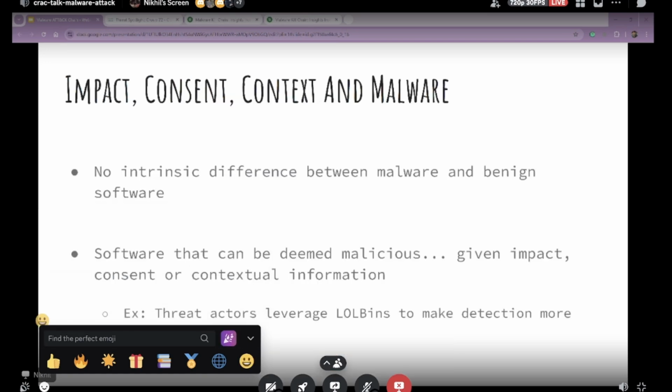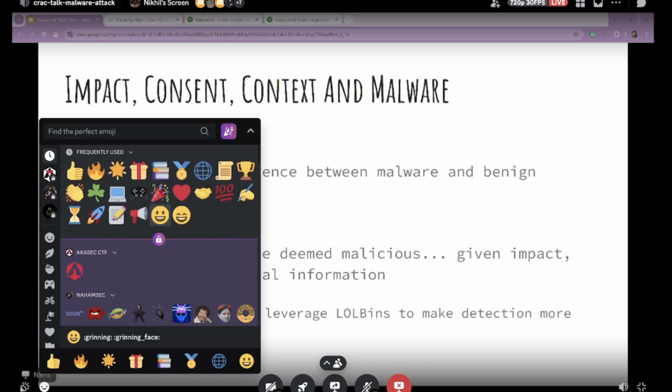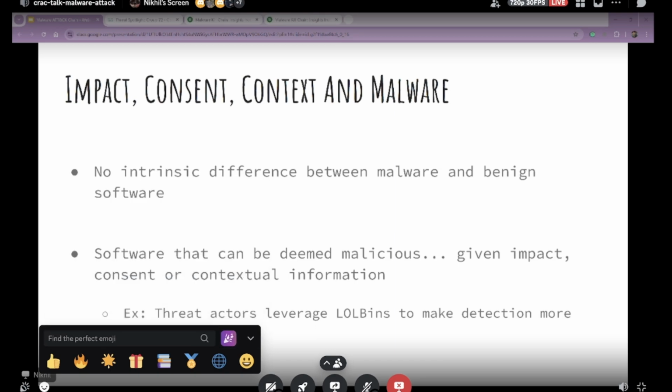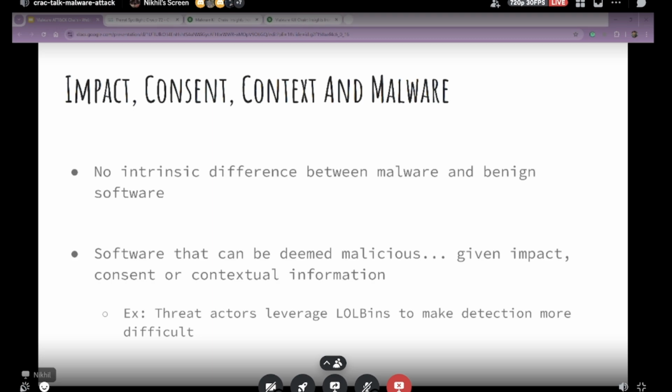When it really comes down to it, there is generally no intrinsic difference between malware and benign software. They are both sequences of instructions which are executed by the CPU. And the proof that there is no intrinsic difference lies in the fact that there is not one anti-malware solution in the industry that has 0% false positive rate, but can detect all kinds of malware, aka 100% recall for those of you who are familiar with statistics.